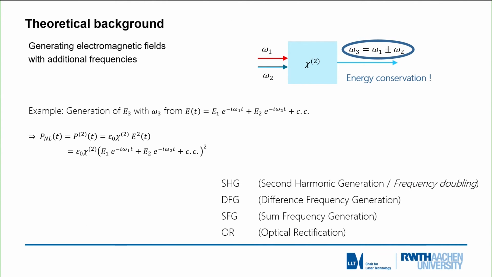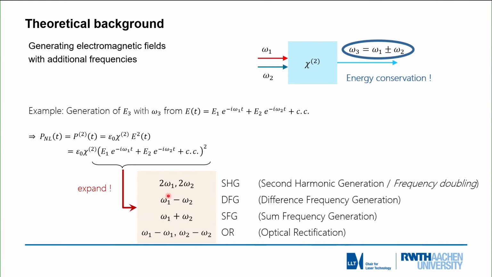So what can happen if we mix three waves in three-wave mixing? Well, we can have simply second harmonic generation, frequency doubling. We can have difference frequency generation, sum frequency generation, and optical rectification. That is simply accessible by looking at the solution if we superimpose two electromagnetic waves and look at the resulting polarization.